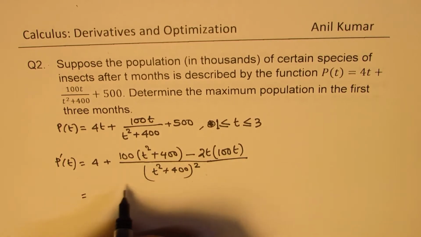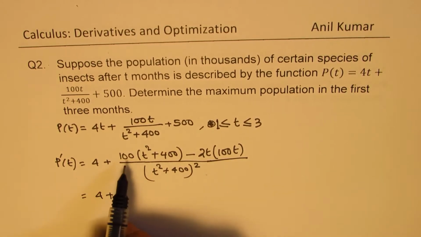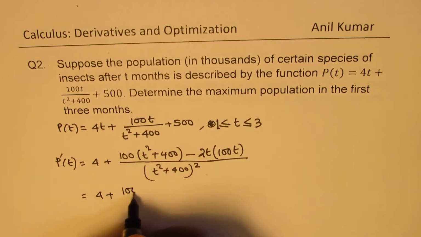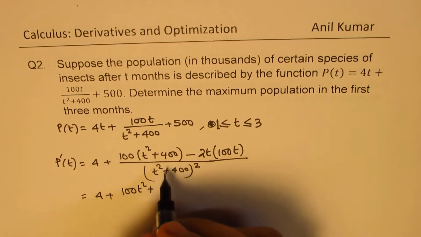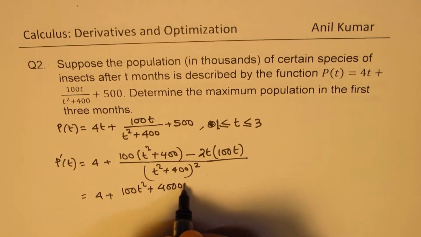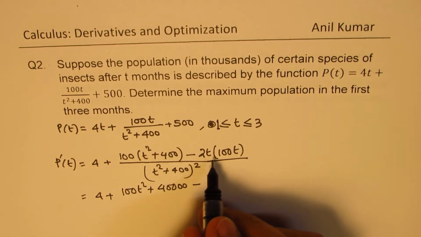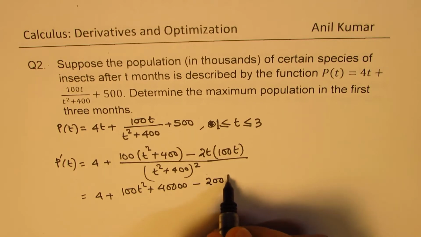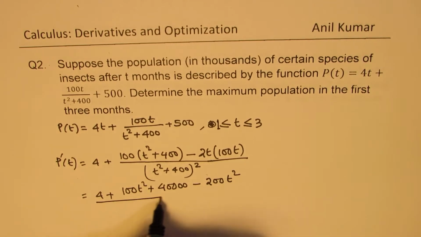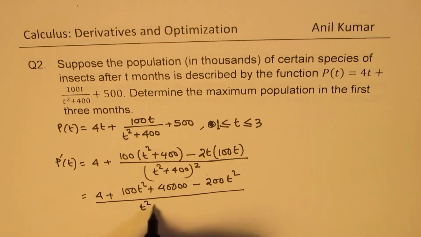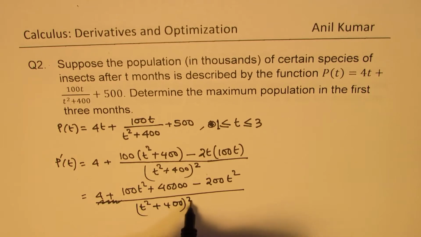So let's simplify. We have 4 plus 100 times t square plus 400, minus 200t square, over t square plus 400 whole square.